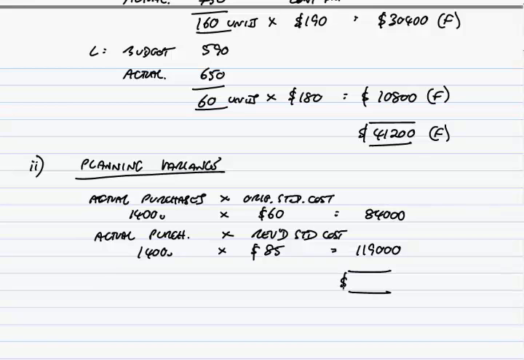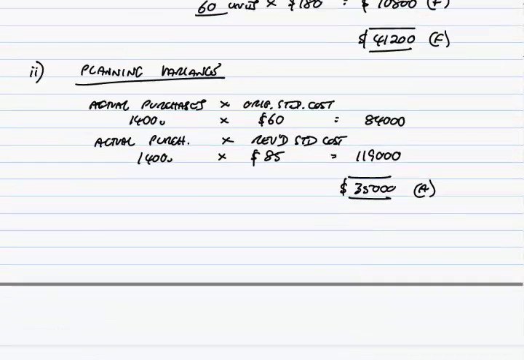And therefore, revising the standard is costing us an extra 35. Now, I'm not stupid. You could actually have written that almost straight down. We actually bought 1400 units and we paid an extra 25 for each. So we didn't pay, but we revised it to an extra 25. Well, it would have given you the same figure.